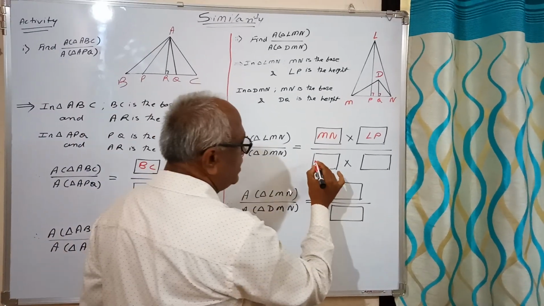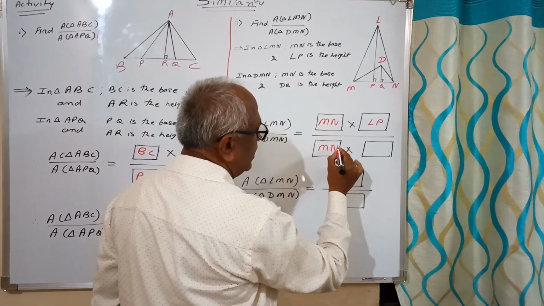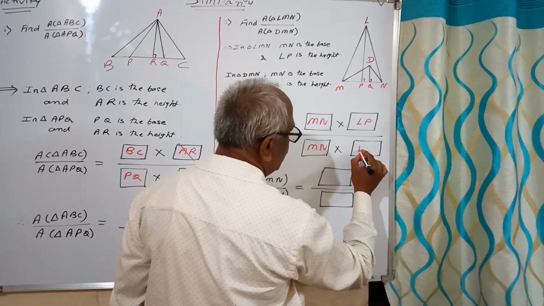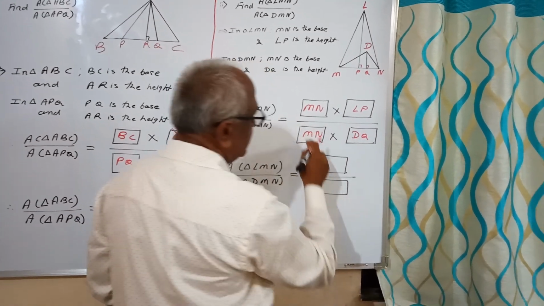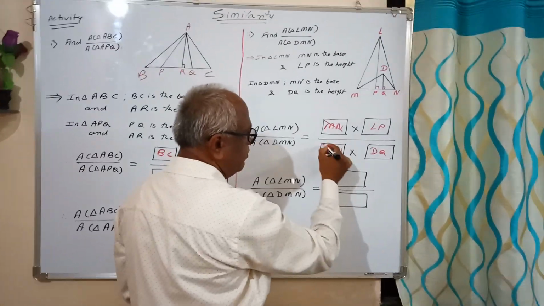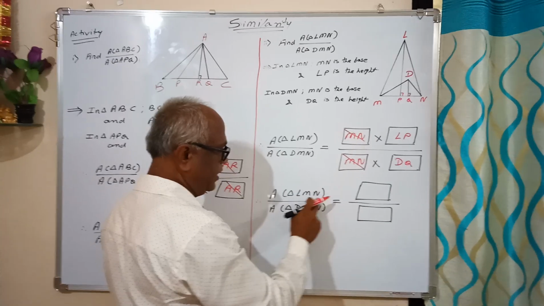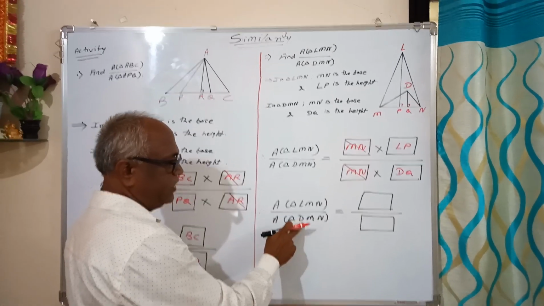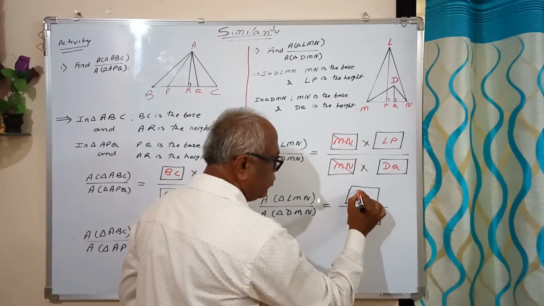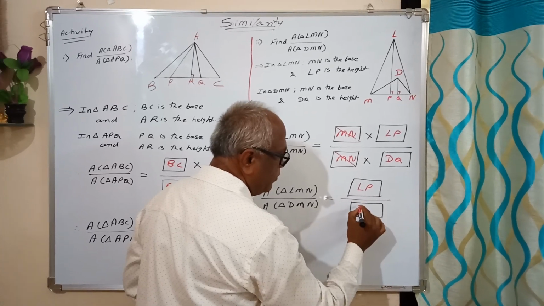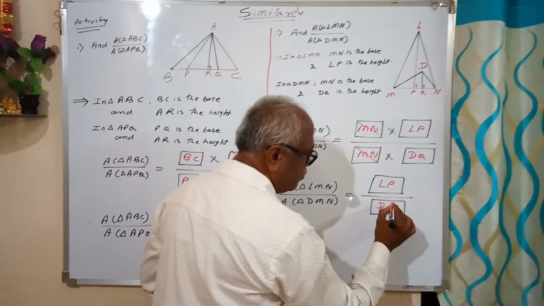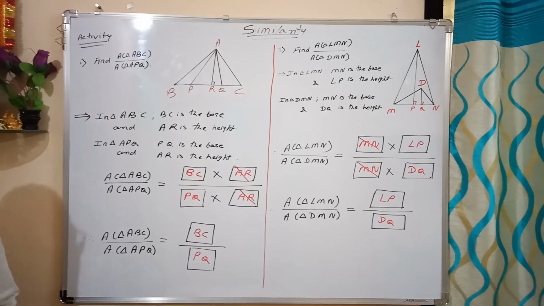This MN is cancelled, therefore area of triangle LMN upon area of triangle DMN is equal to LP upon DQ. Here both the two activities we have completed.